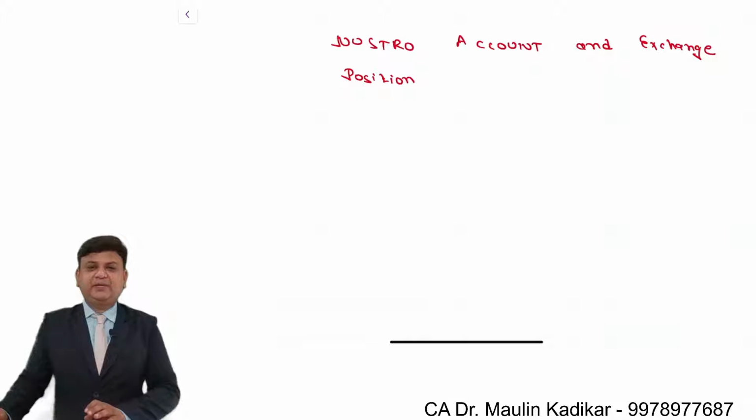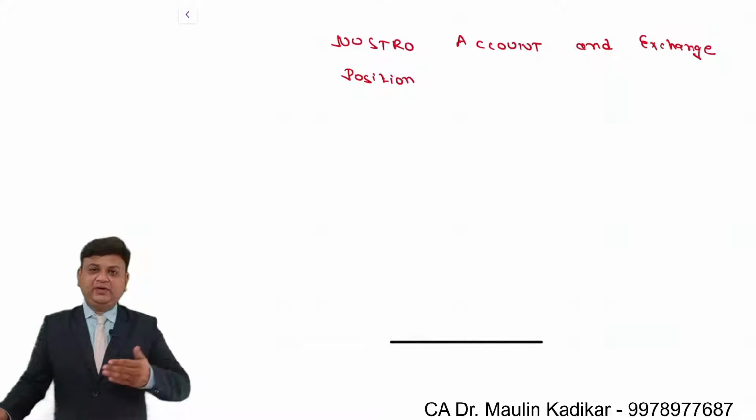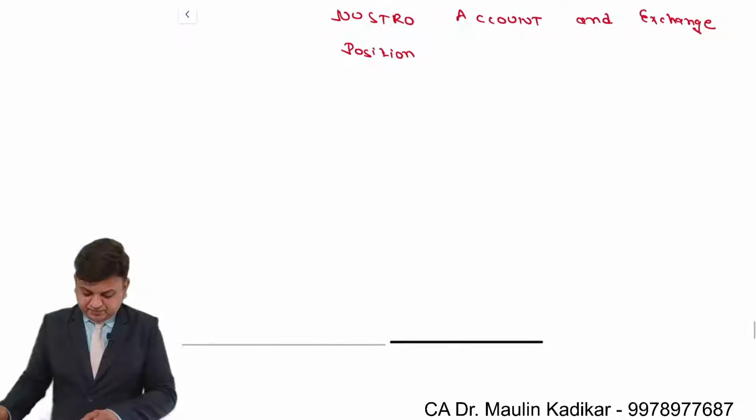Friends, over here we are preparing a small table in which I'll explain to you what transaction has taken place, and with that we are going to prepare a new thing, that is Nostro account and exchange position.